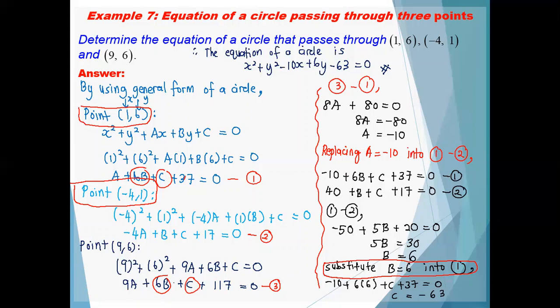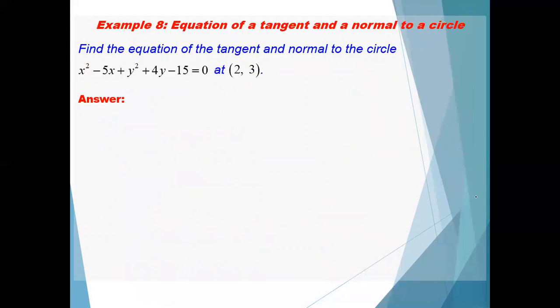Okay, so we have another example for your better understanding. So this is the equations of a tangent line and a normal to a circle. This one is actually related to the previous video in subtopic 1.9.